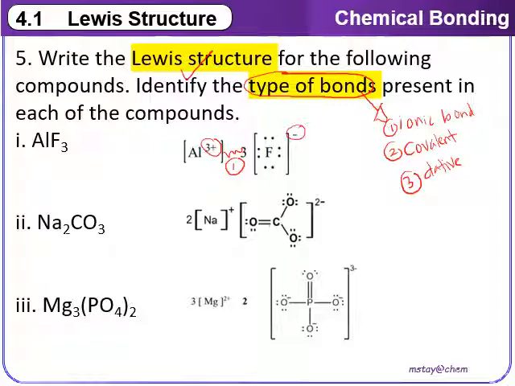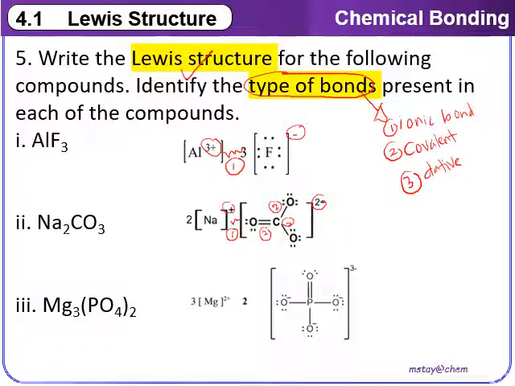In between sodium plus and CO3 2 negative here, positive and negative, we also have ionic bond. While the electron is shared between carbon and oxygen, this one we know as covalent single bond, and this one is also sharing electrons, a covalent double bond.